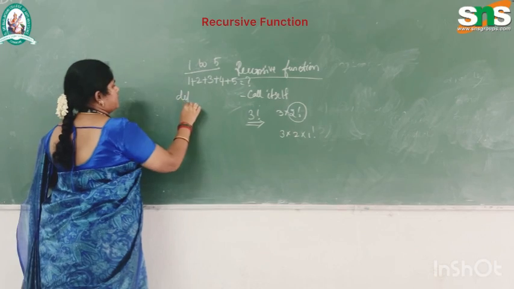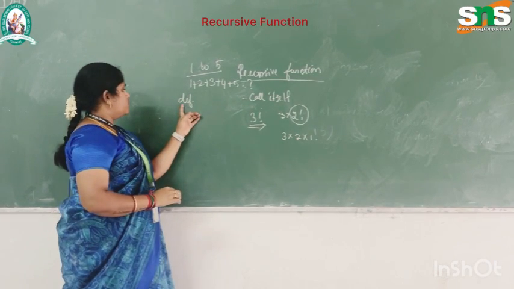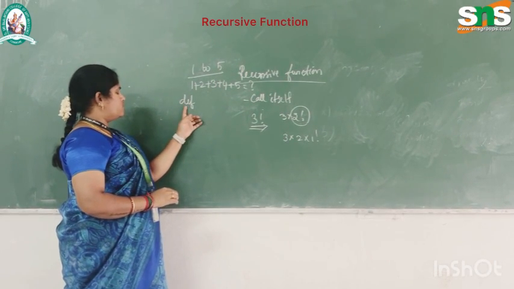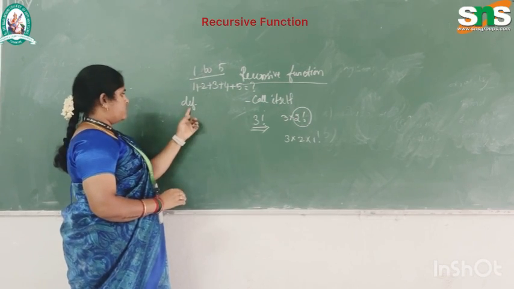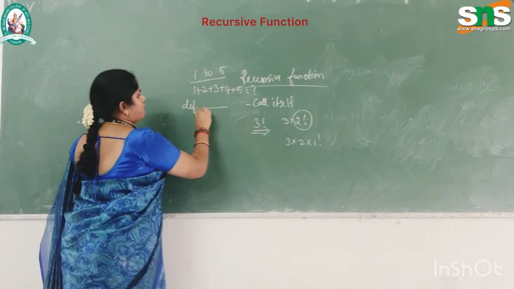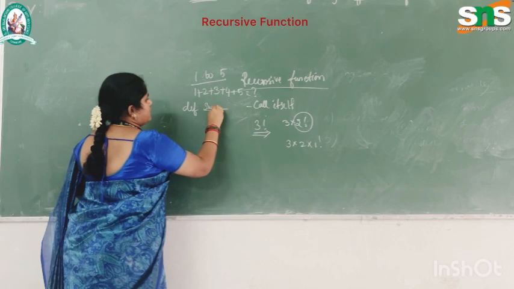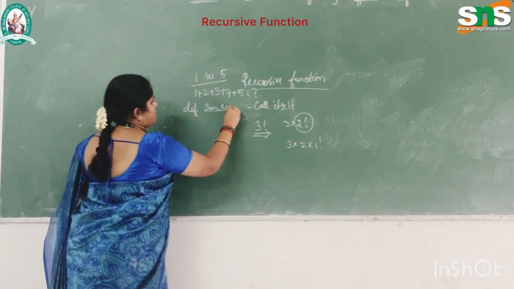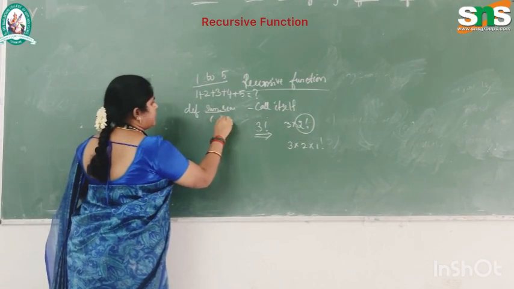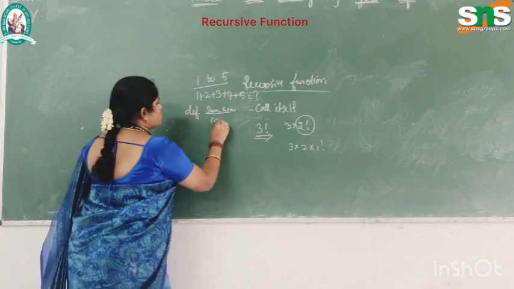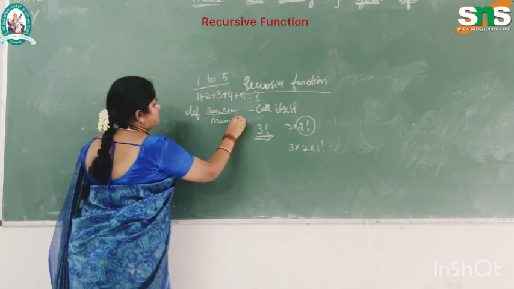For defining the function, we use def, that is define. Here I am going to mention the function name. I am giving the function name as sum_recursive, and I need to pass a value here, the value may be a number.